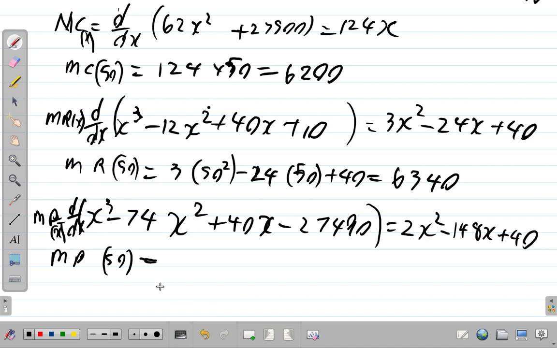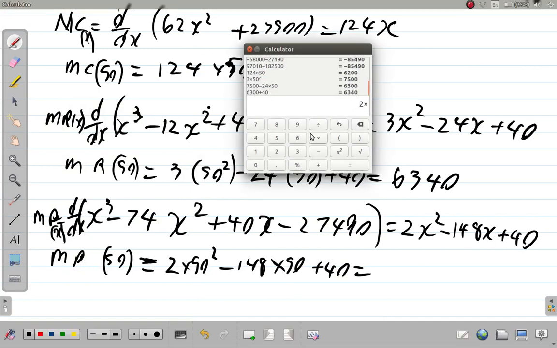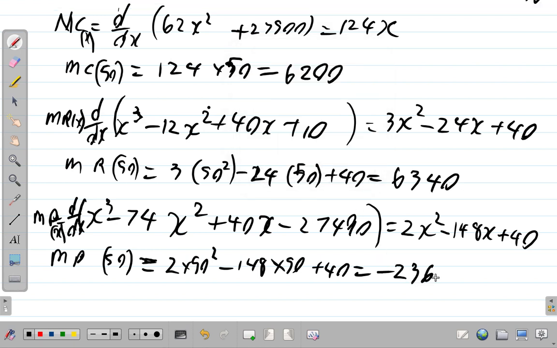The marginal profit at 50 is equal to 2 times 50 squared minus 148 by 50 plus 40, which equals negative 2360.